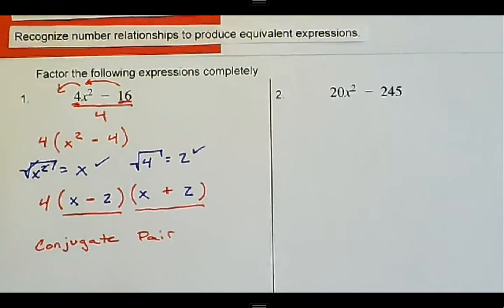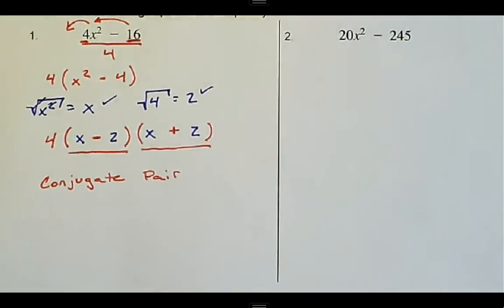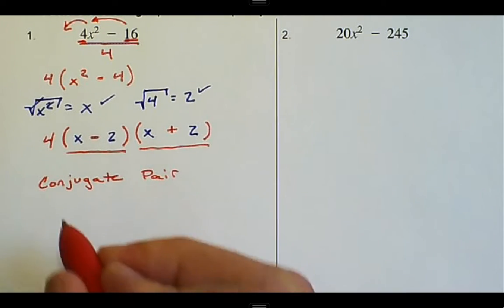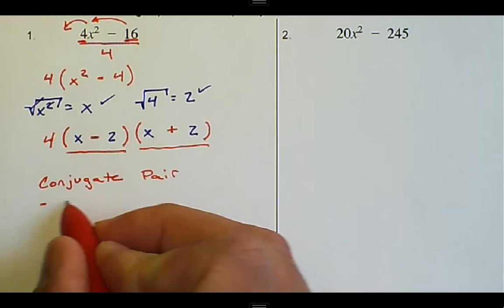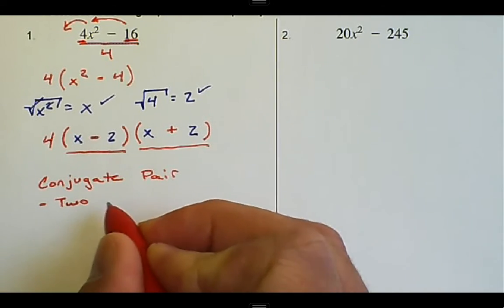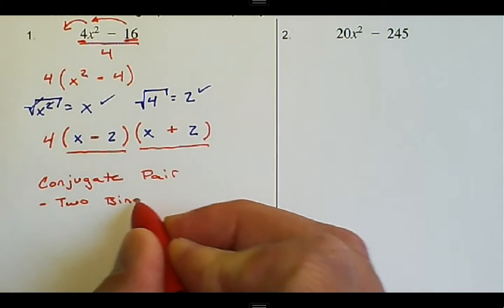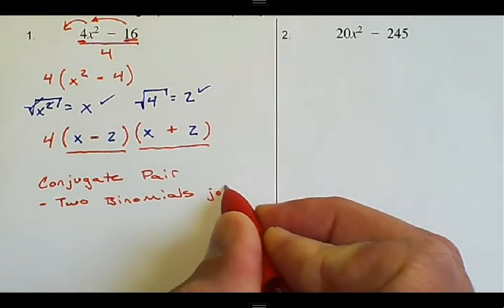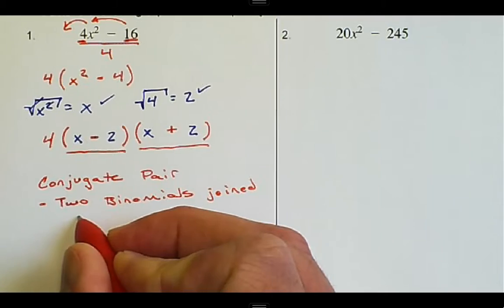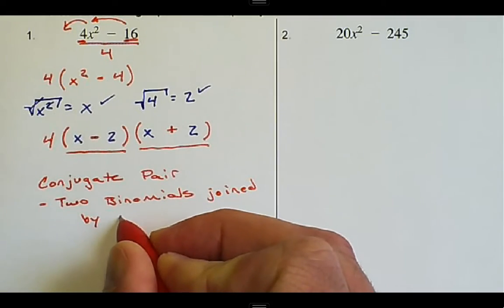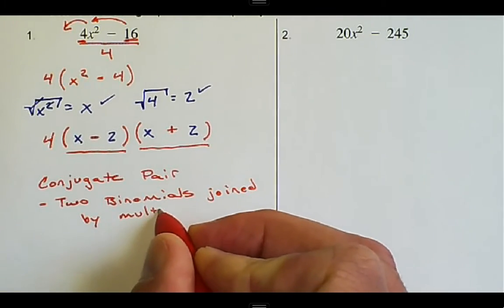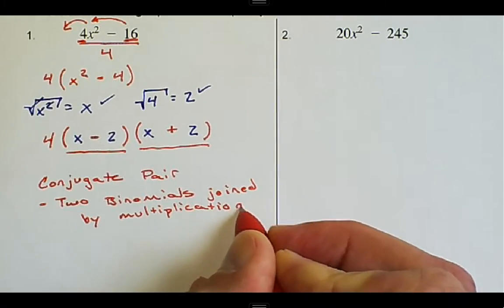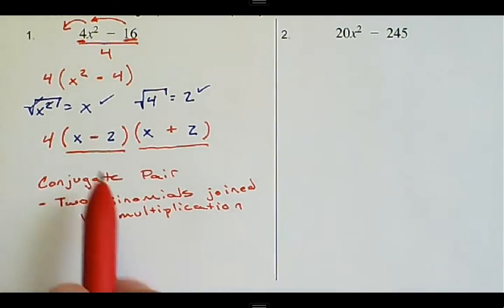Okay, conjugate pair. That is going to be two binomials joined by multiplication.